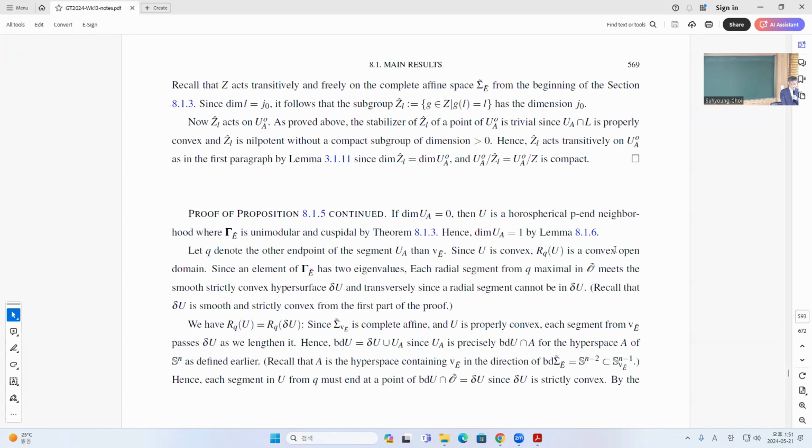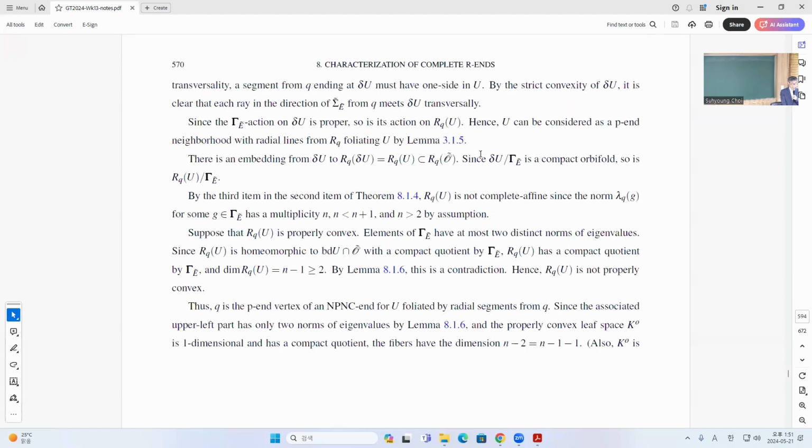I mean, it's a convex open domain, and it has only two eigenvalues, and so on. So you verify that you can consider these as a radial end, and so on. And it cannot be complete affine again from the Q because it has some multiplicity condition. So you can show that it is actually NPNCN here. Okay, and it cannot be properly convex again by the same reason.